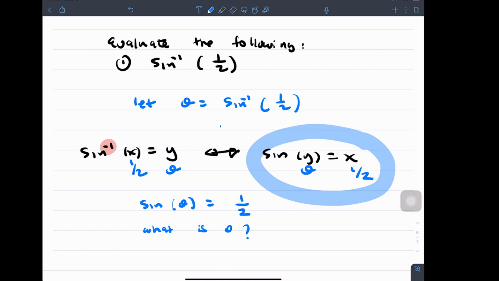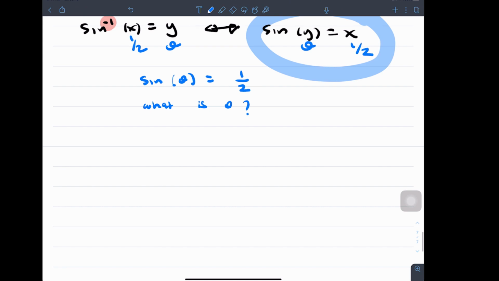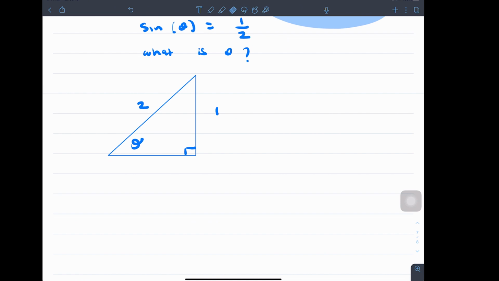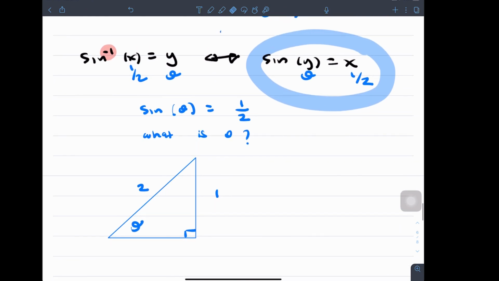You go, what do you mean they're specially chosen? Go back to your right triangle, Pythagorean theorem. What's the definition of sine? Opposite over hypotenuse. What does that mean? The adjacent side has to be. This looks familiar. Yes. Remember I said to you guys, there's only 2 special triangles you have to memorize.